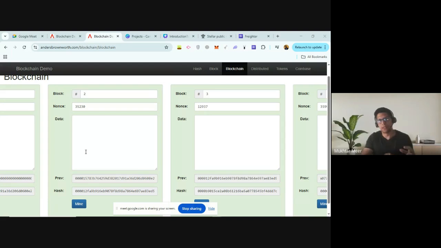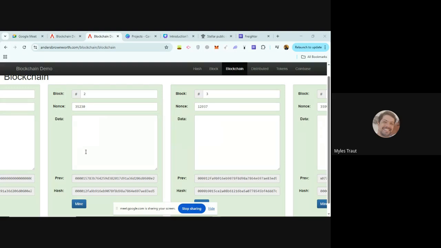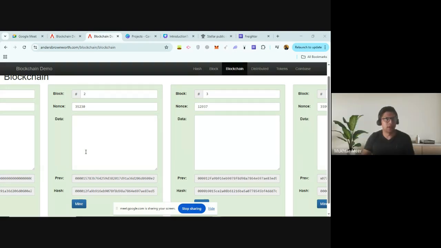This is an outlier case. We've had multiple instances on multiple chains where they've decided to undo history. Whatever the reason, they say, okay, we're going to scrap all of these blocks, go back to this point, and continue forward.